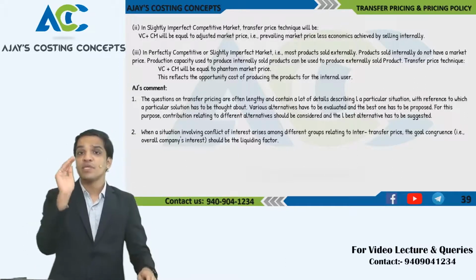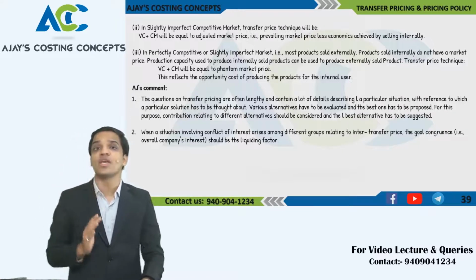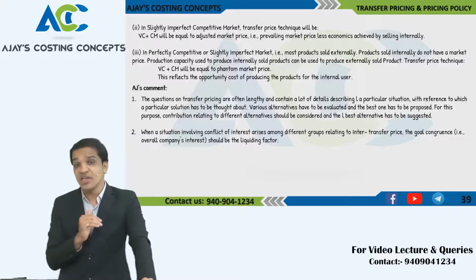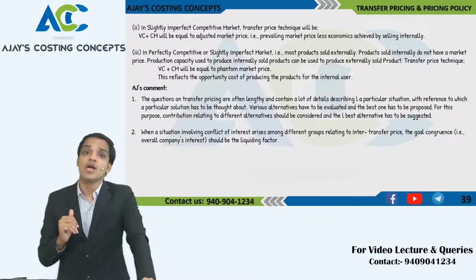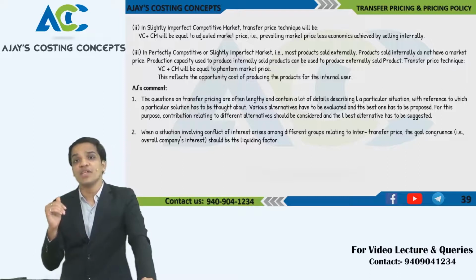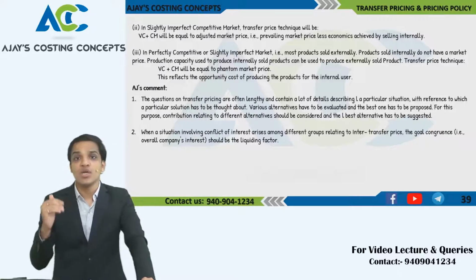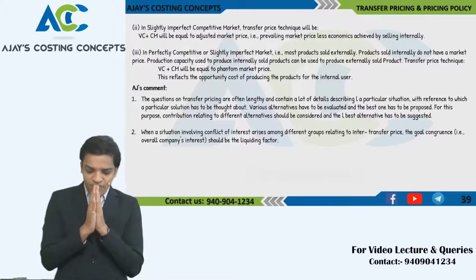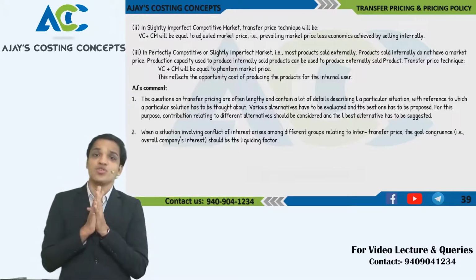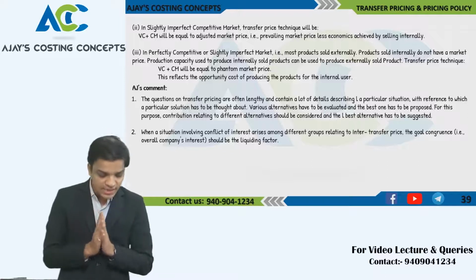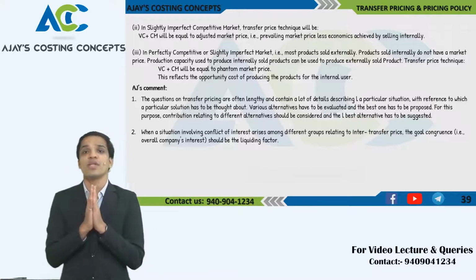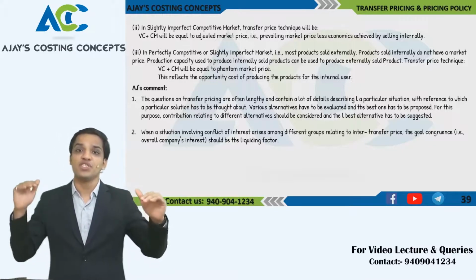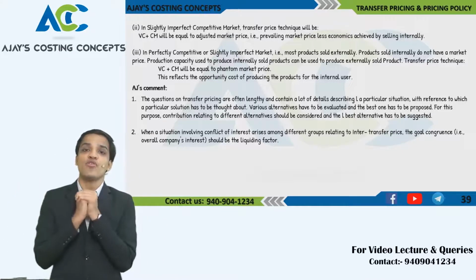So this is a specific comment for the examination, which you should take care of while you are appearing in this question. When there is a question where a conflict of interest arises between 2 divisional heads, 2 divisional managers, 2 departmental heads, in that case always understand your transfer price should be on the basis of goal congruence. That is, your overall company's interest should be the deciding factor. Say, for example, there is a conflict between division A and division B and you have to decide or give a suggested answer.